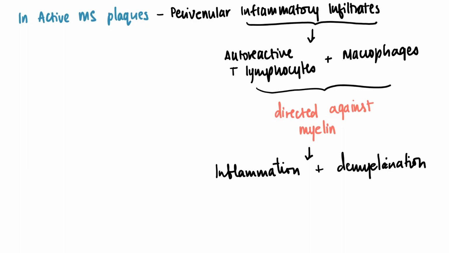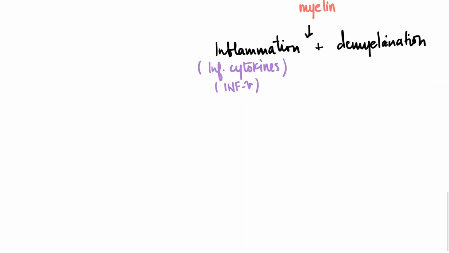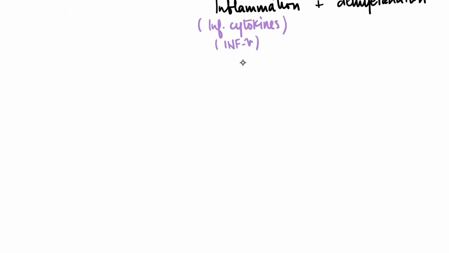So, what does inflammation mean? Inflammation means involving inflammatory cytokines such as interferon gamma, right? Because of this inflammation, there is damage to the blood brain barrier. What does this mean?